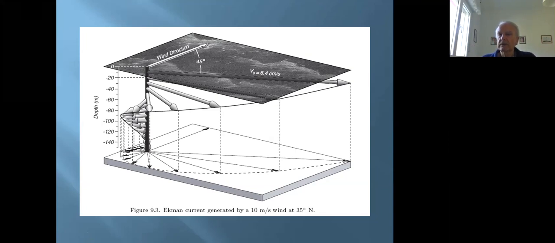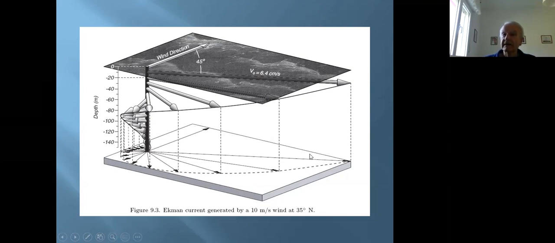And according to some arbitrary definition, the Ekman layer is defined at a depth where the current is in the direction opposite to the direction of the wind. So this is how it looks. I find this illustration very nice because it gives you the idea of how this looks in the ocean.